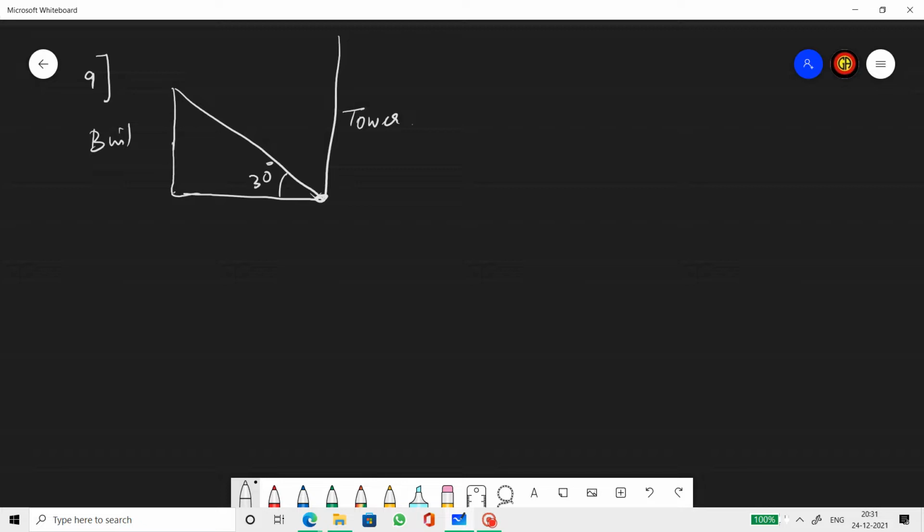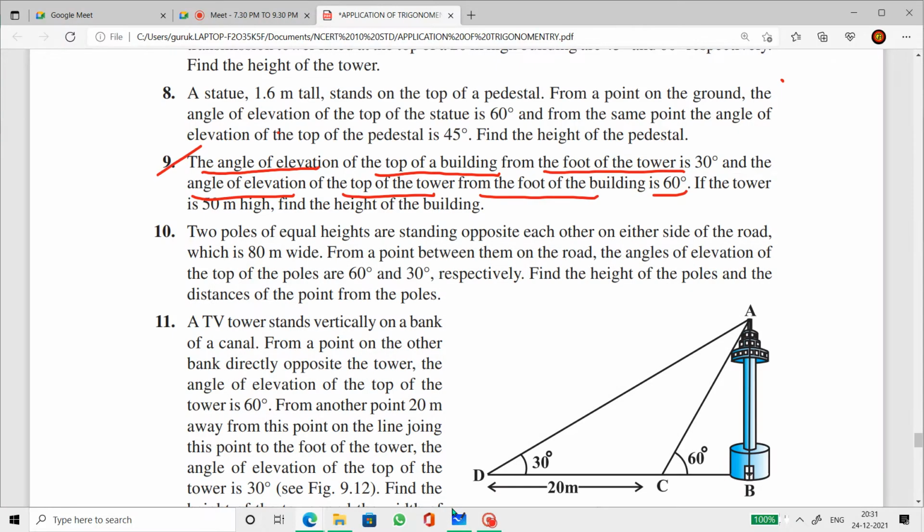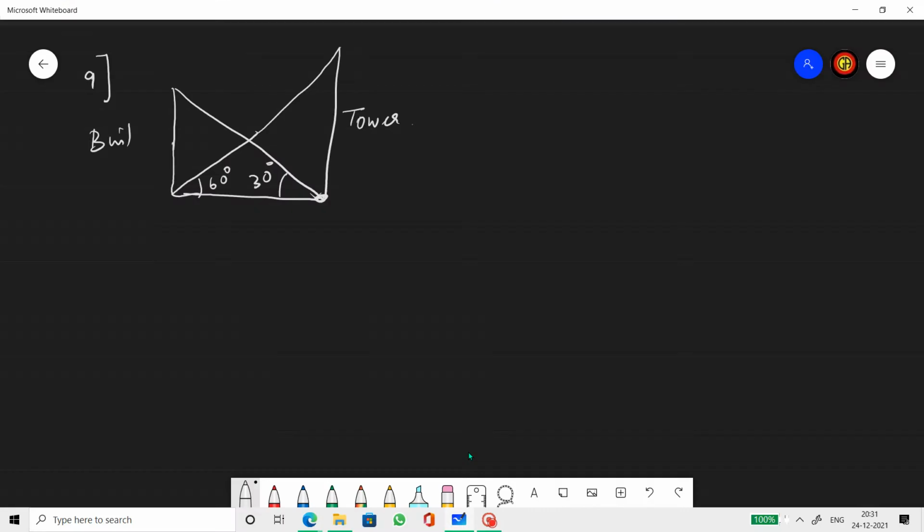Likewise, from the foot of the building to the top of the tower, the angle is given as 60 degrees. The height of the tower is 50 meters, and we have to find the height of the building.